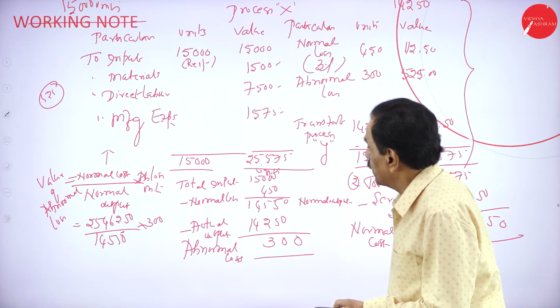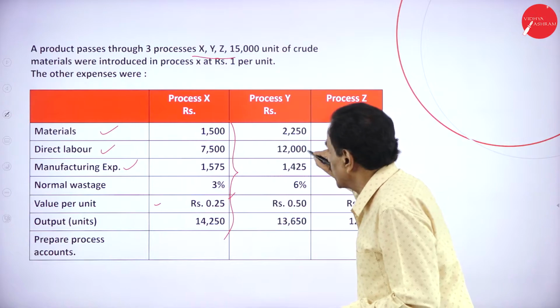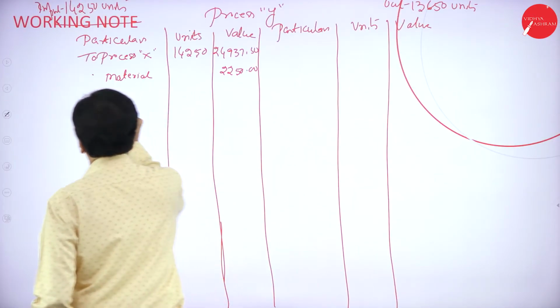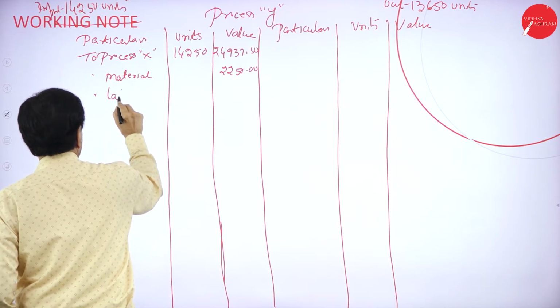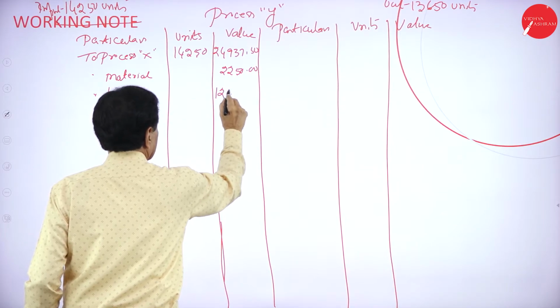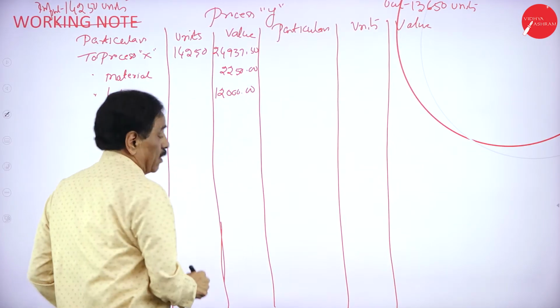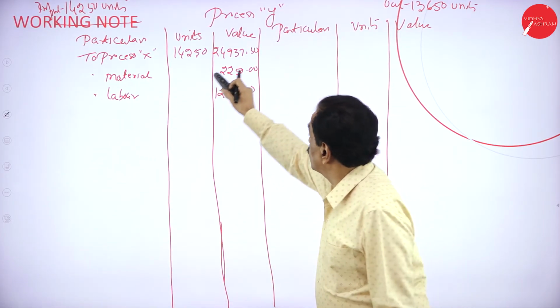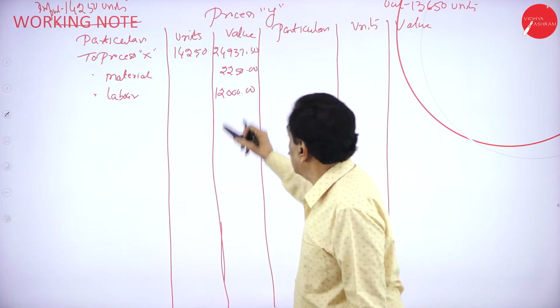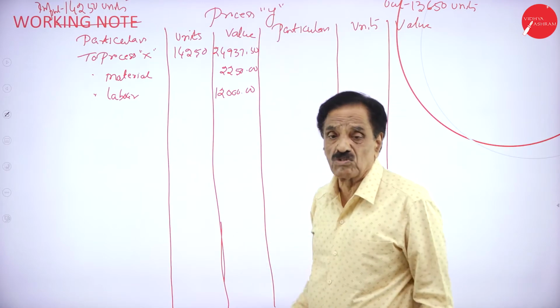Then what is next one? Labor charge, 12,000. So 24,937.50 is transferred from process X. This is the material cost, 2,250.